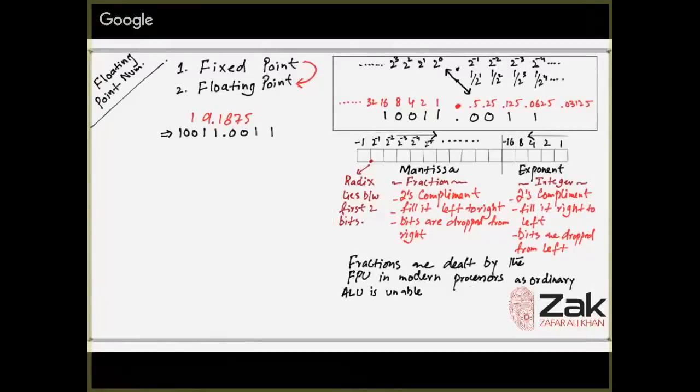Now, see, this is the point. On the left, it is increasing by the power of 2, and on the right, it is decreasing by the power of 2. But the thing is that in our number system, we have fractions reducing by the power of 10, which means that we would have more denominations in fractions than in binary.